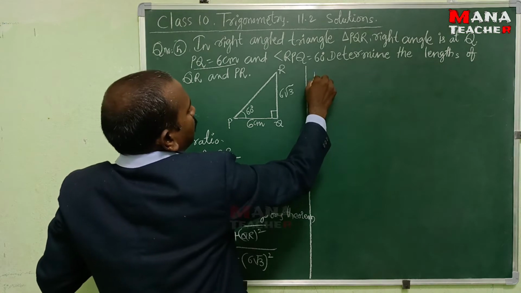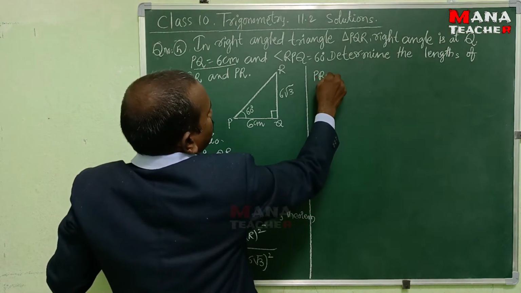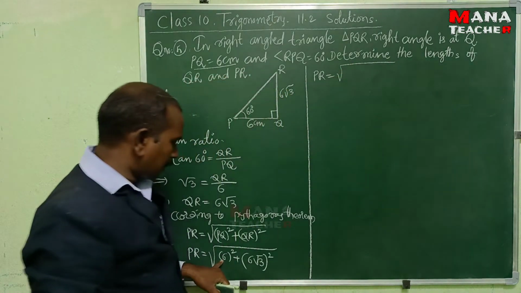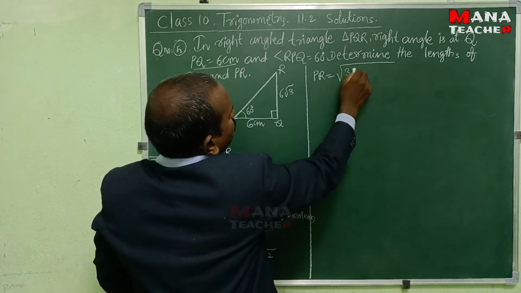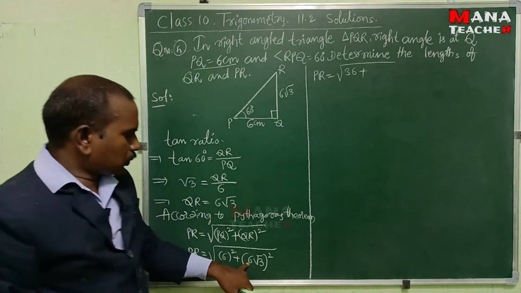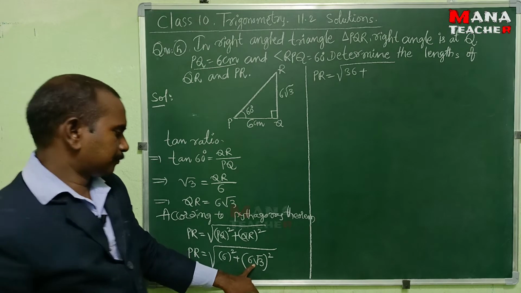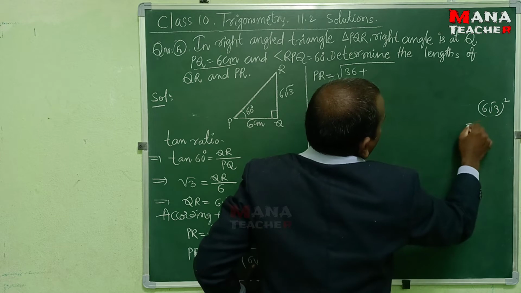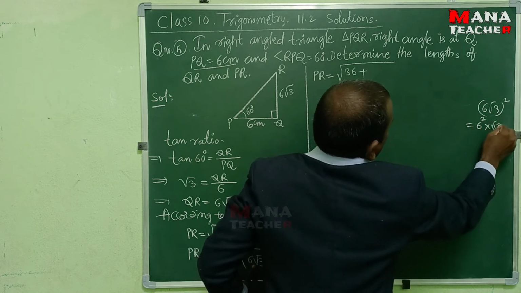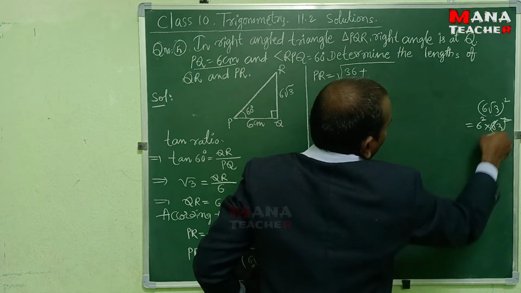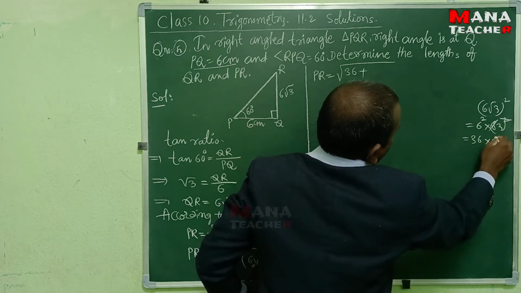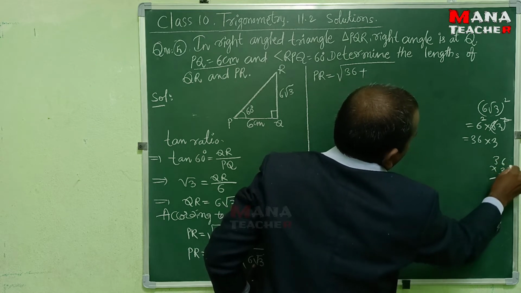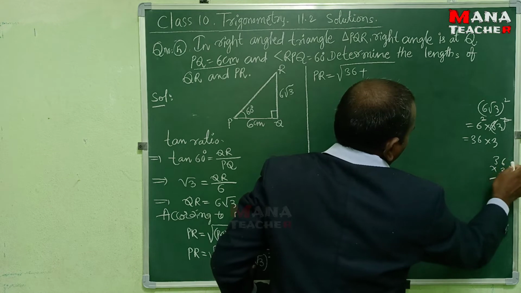Now PR equals under root of 6 square, 36, plus 6 root 3 whole square. Here 6 root 3 whole square is nothing but 6 square into root 3 whole square. 2 and root will be cancelled. 36 into 3 is 108.